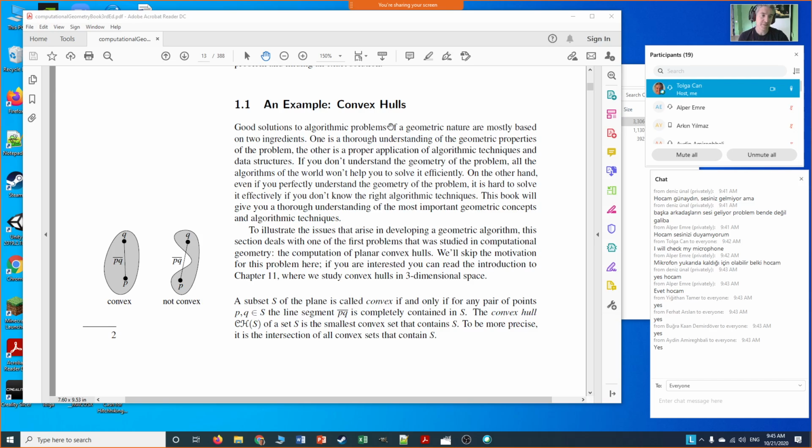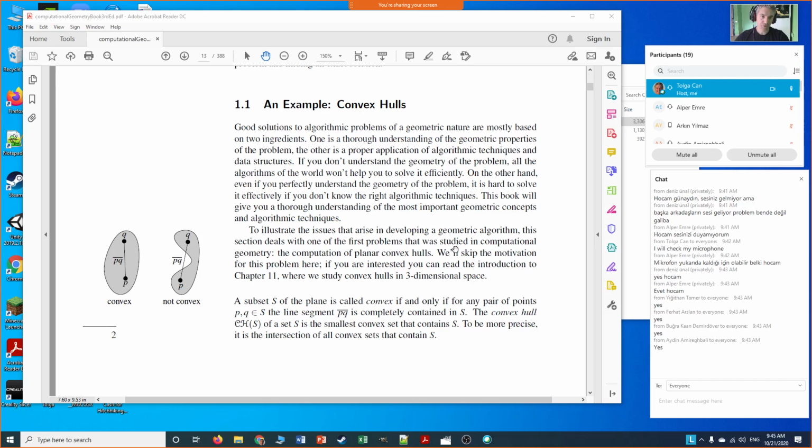Convex hulls will be an example problem that the book uses to show what kind of problems we will discuss, how we are going to analyze these problems, and how we are going to provide algorithms. It's going to be an introduction to the pseudocode used in the algorithms, and you are going to understand at what level we will be discussing these problems.